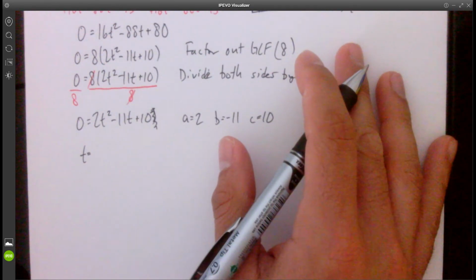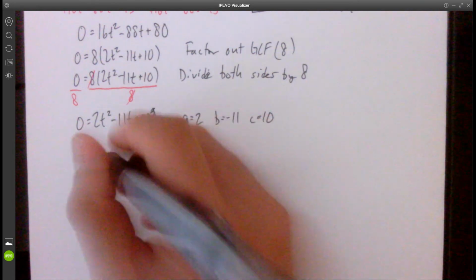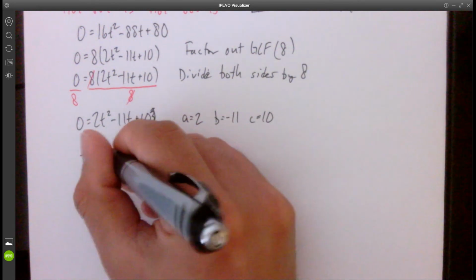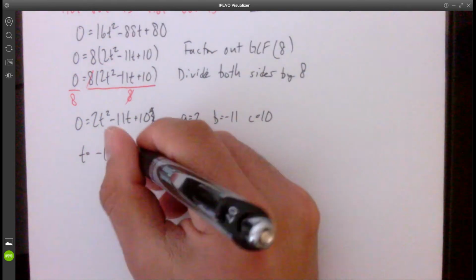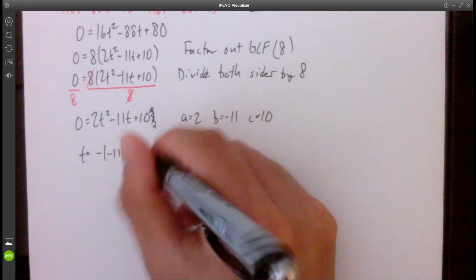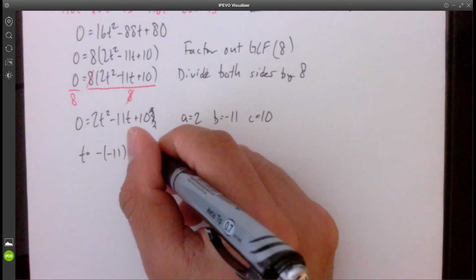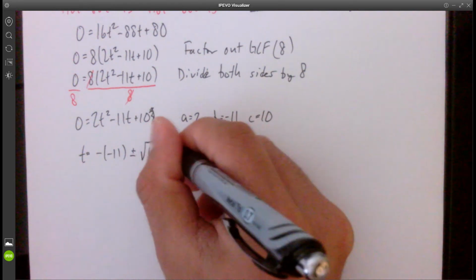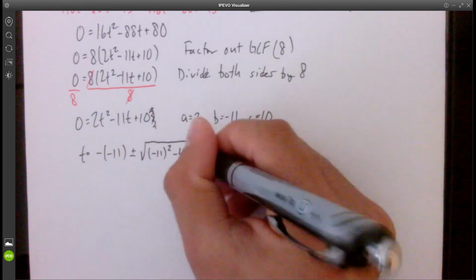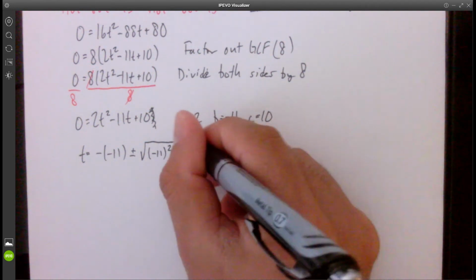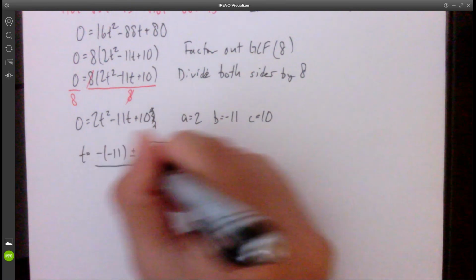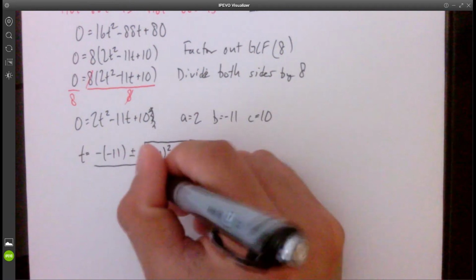So t is equal to the opposite of negative 11, and notice that I'm using parentheses wherever a variable goes, plus or minus the square root of negative 11 squared minus 4 times a times c, which is 10, all over 2 times 2.